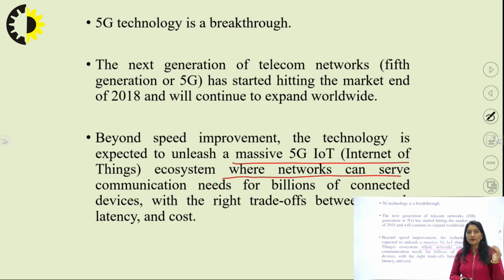So, we are expected to use this 5G technology to connect more devices, such as smart home appliances, and we are talking about smart cities. All these things can be possible if we are emerging in terms of mobile generation also. So, this can be evolved with the help of 5G IoT.